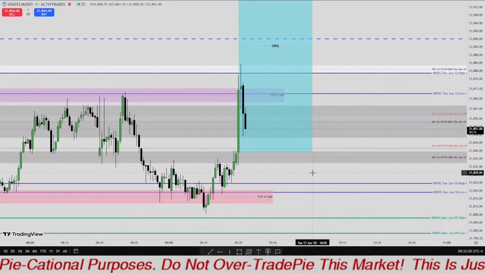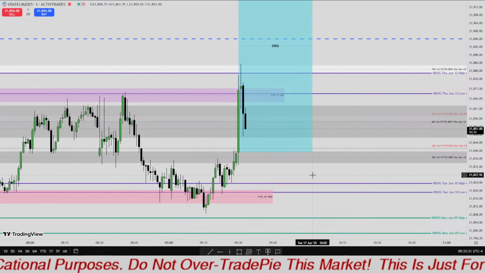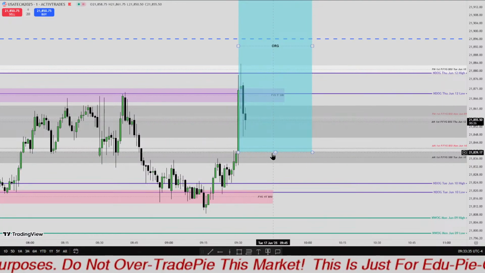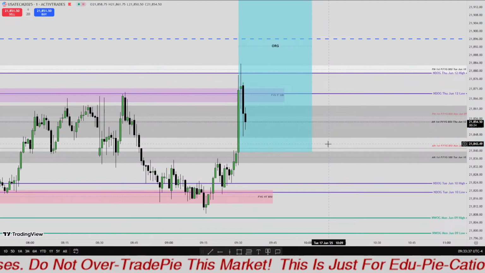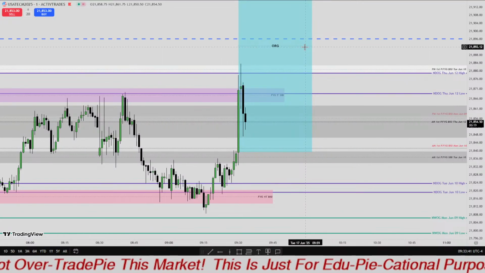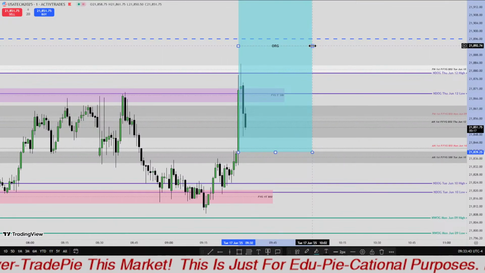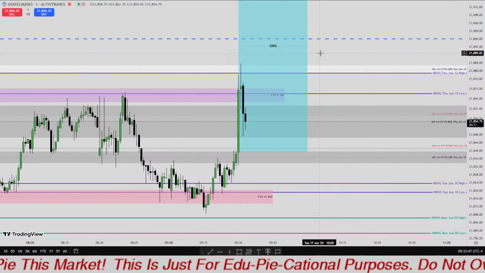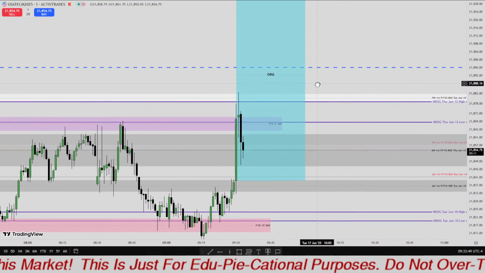So far we don't have any first presented fair value gap formed, and I'm waiting to see if we have any kind of first presented fair value gap formation, then utilize it through entry.